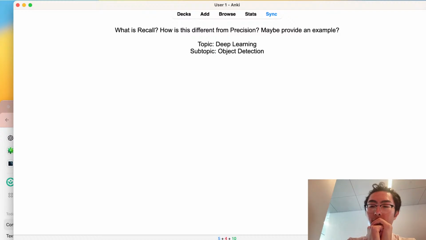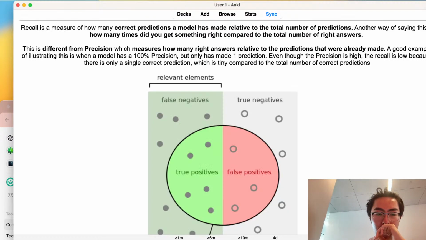So this is all of the true positive predictions. Maybe this is out of all of the true positive examples. How many did you end up getting right?